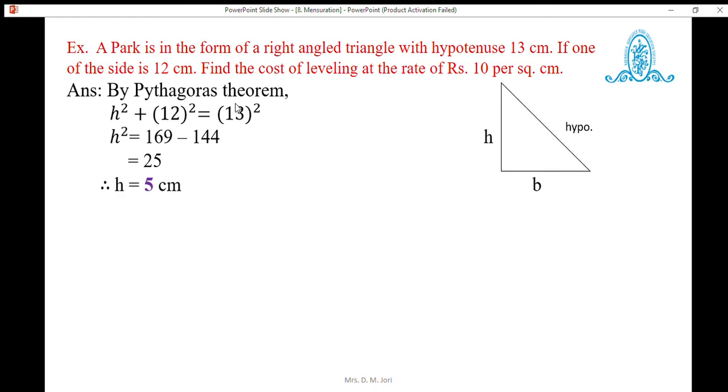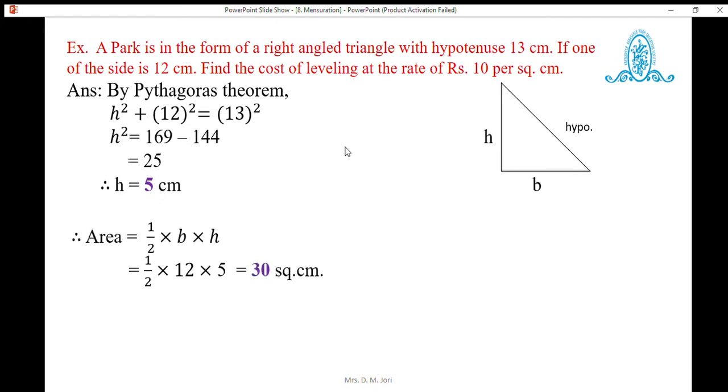Hypotenuse is already given. Then by using the Pythagoras theorem, we can find the height. So h square plus 12 square equal to 13 square means h square is equal to 169 minus 144, hence it is 25, and hence the height of that right angle triangle is 5 centimeters.